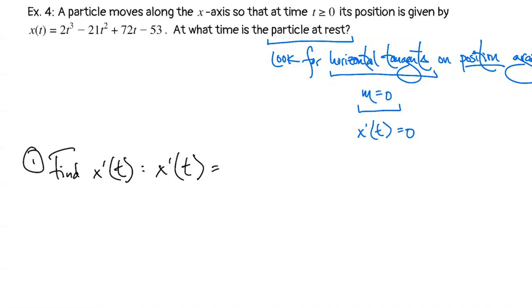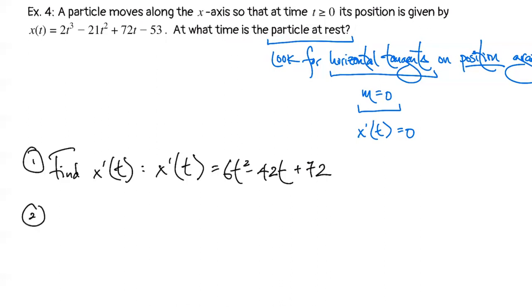All right, I see 2 matching answers, a third in agreement. Good. And that minus 53 at the end, that goes to 0 when we take the derivative, right? So we'll end up with 6t squared minus 42t plus 72. Exactly. And we can have a minus 0 at the end if that makes us feel better, but when we have just a constant, that derivative goes to 0.